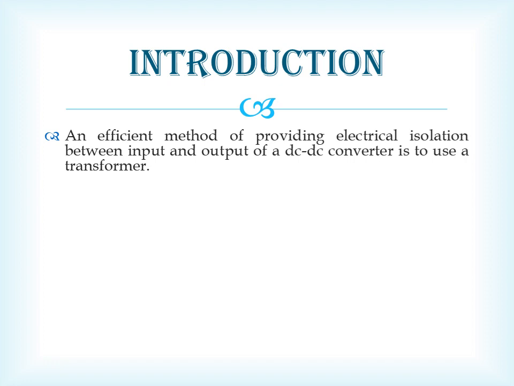Because in this the supply voltage ground and the load ground were not isolated. They were common. They had a common ground. So if we want to disconnect the ground of the load and the supply, then we need a transformer, and this particular type of circuit is known as an isolated DC to DC converter.